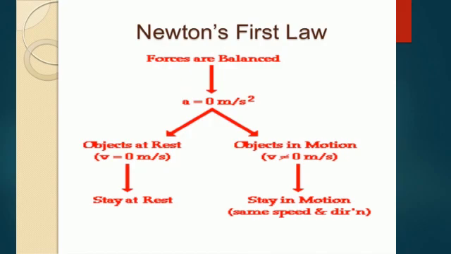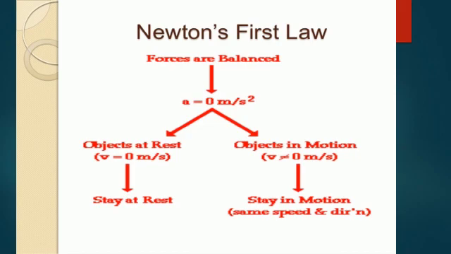So the first law, we know if the objects are going to be in motion, they'll be in motion only, and if they're going to be at rest, they'll be at rest only, and they can change their state only when some unbalanced force is going to act upon them. So in first law, if the forces are going to be balanced forces, what happens?